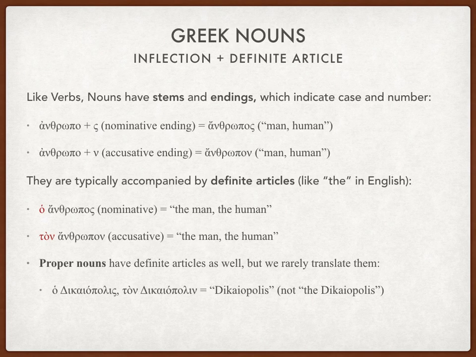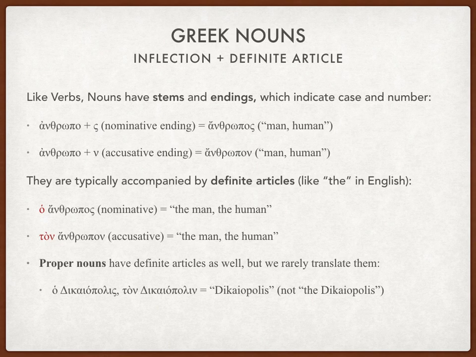Both of those expressions by themselves mean the man, the human, but the different cases tell me how they're working in the sentence. The top one, ho anthropos, means the man or the human is doing something. The bottom one, ton anthropon, means something's happening to the man or the human, but they're not acting in the sentence. It'll be a little clearer with a couple examples.